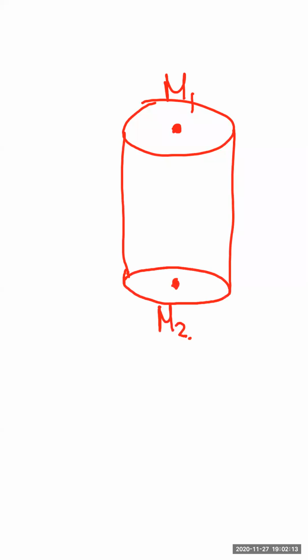Also, from the center of this circle to the center of this circle, this one is the height, and this one is the radius, and this one, of course, will be the same radius. Are we clear about that? Yeah.